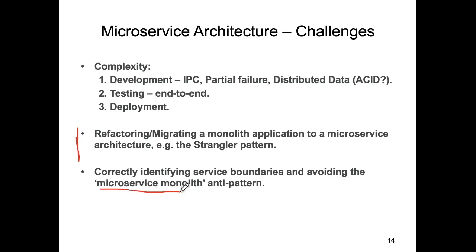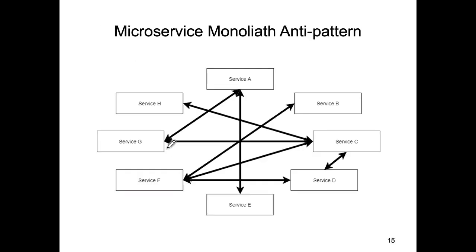A microservices monolithic architecture is characterized like this, where there is an awful lot of inter-service communication going on. This is a reflection of an application's architecture that has been broken up into the wrong set of services. If there's too much communication going on between the various services, that may be an indication that you haven't actually broken the monolith up into the right set of microservices.